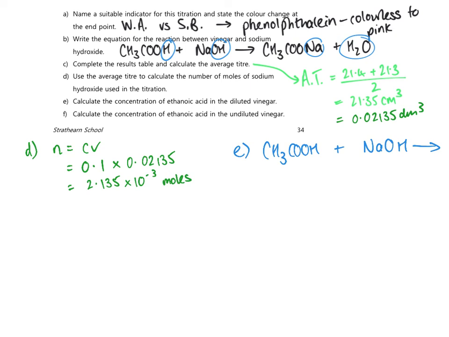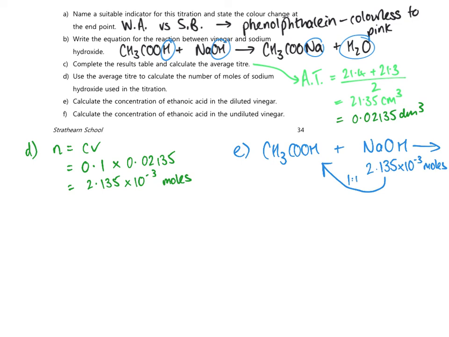Part E then is really our titration calculation, and there's a couple of steps here that were maybe in 2 or 3 steps in the previous question, but it asks us to calculate the concentration of ethanoic acid in the diluted vinegar. So what I need to do is think about my titration. I've got sodium hydroxide reacting with ethanoic acid. I know that I've reacted 2.135 times 10 to the minus 3 moles of my sodium hydroxide. So I can work out how many moles of ethanoic acid has reacted by using my balancing number ratio.